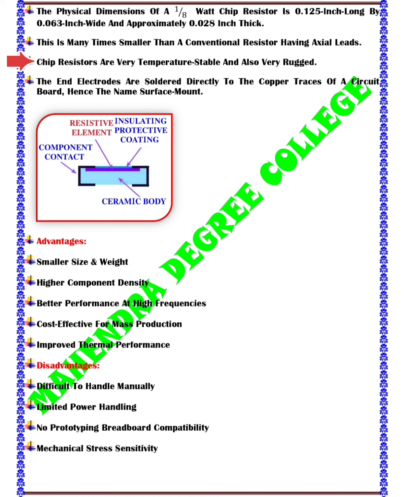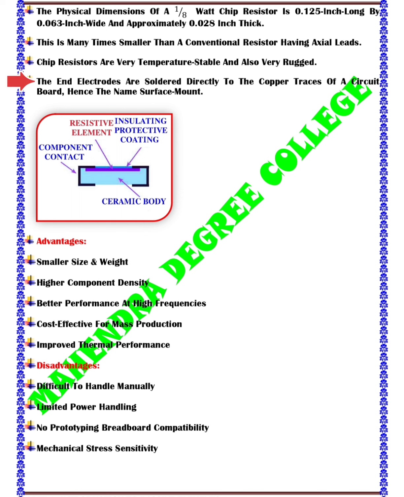Chip resistors, also known as surface mount devices, are known for their temperature stability and robustness. They are built using metal glaze or thin film technology, which allows them to maintain accurate resistance values even under temperature fluctuations. Their rugged construction, often including protective coatings, makes them suitable for various harsh environments.